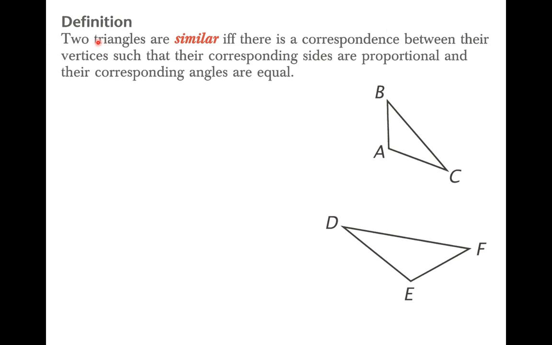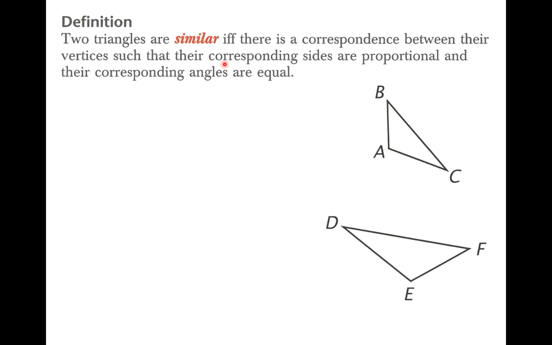Well, the definition for similar triangles is a lot like that, so that'll make it kind of easy to memorize. Two triangles are similar if and only if there is a correspondence between their vertices such that their corresponding sides are proportional and their corresponding angles are equal.